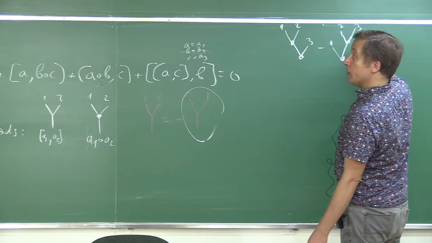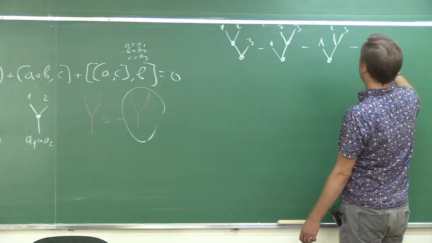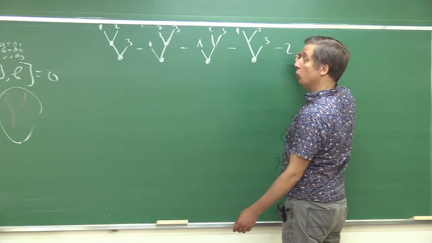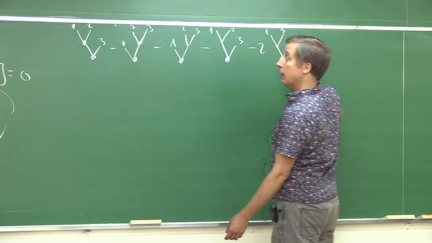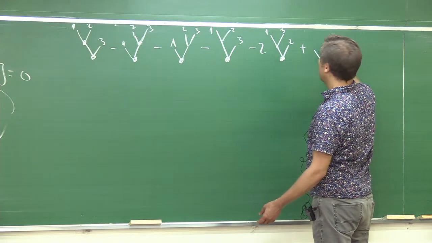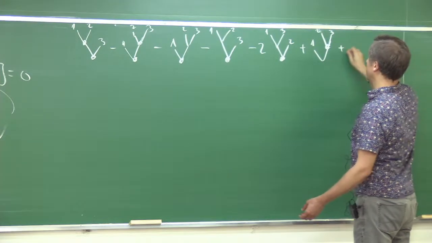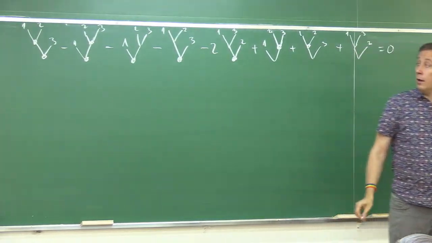Then minus A circle BC, it's this, minus bracket AB circle C, it's this, minus 2 AC circle with B, it's this, plus this, and plus this is equal to 0. I think that, yes, this is fine.